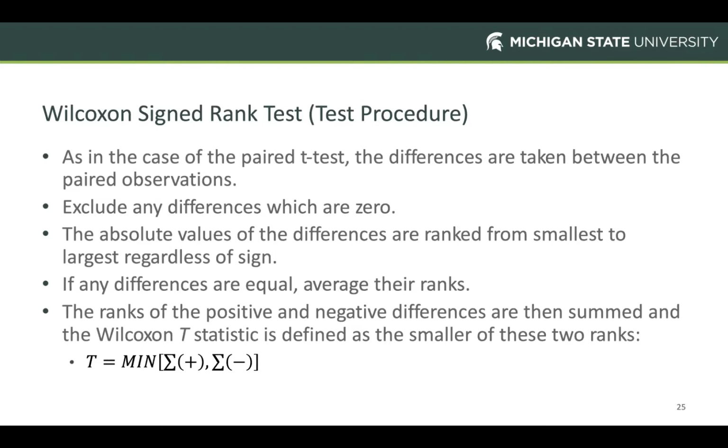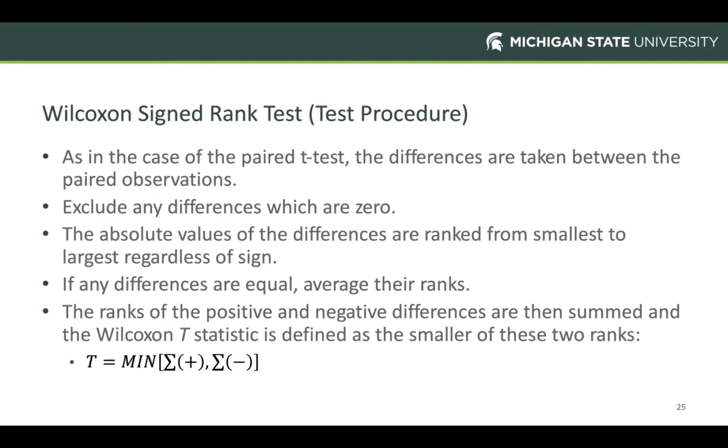Then the absolute values of these differences are ranked from smallest to largest, regardless of what the sign may be, just as we had done in the preceding tests. If any of the differences are equal, we basically average those ranks, okay? The t-statistic is basically going to be the smaller of the sums of the pluses or minuses.